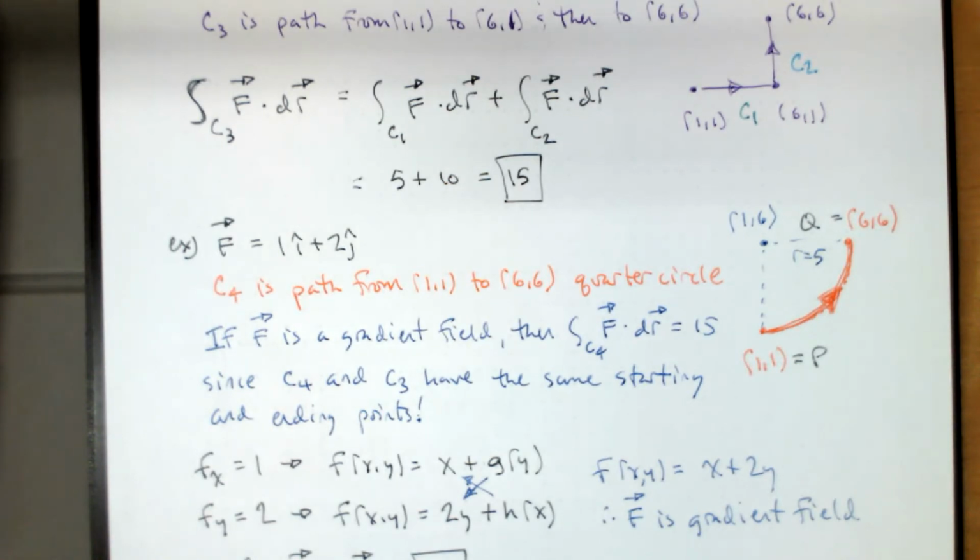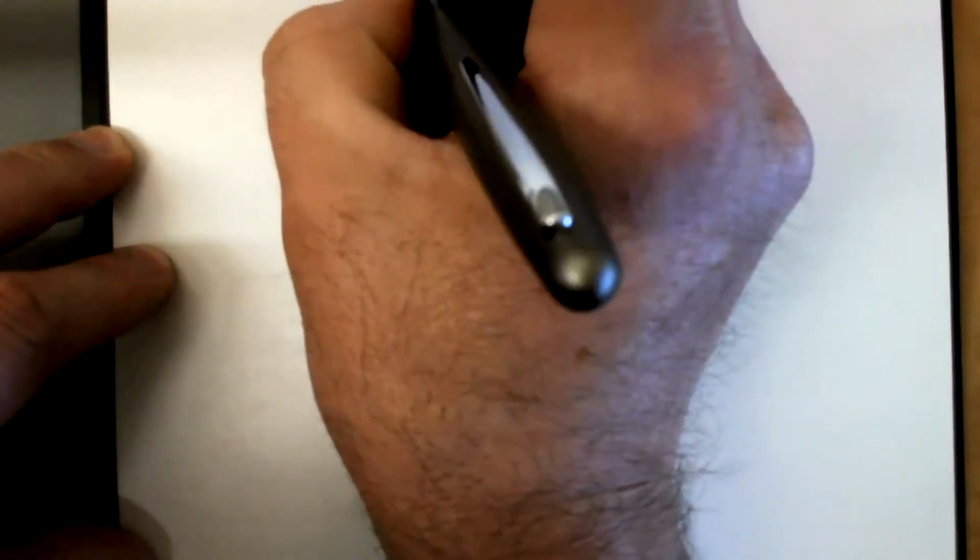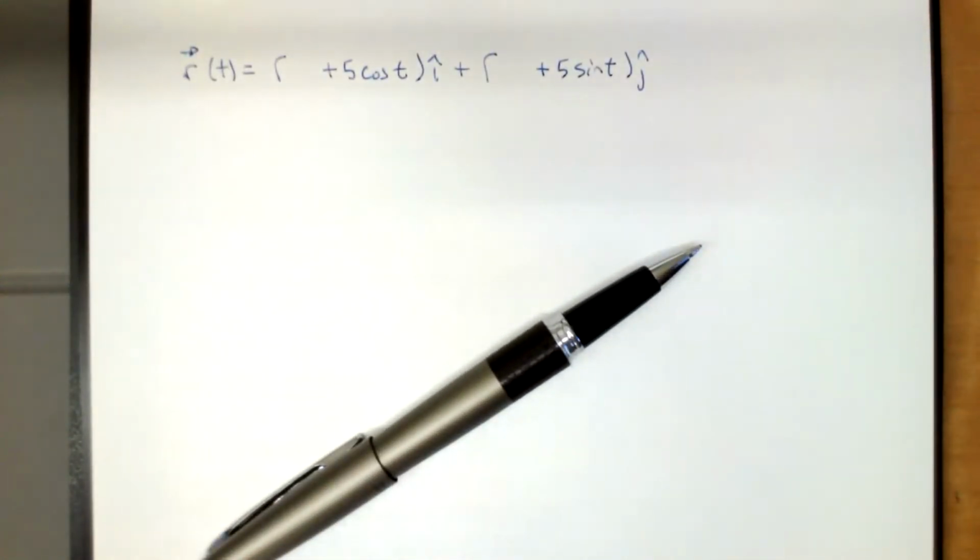We should still get 15. We know we can parameterize a circle with x equals cosine t and y equals sine t.